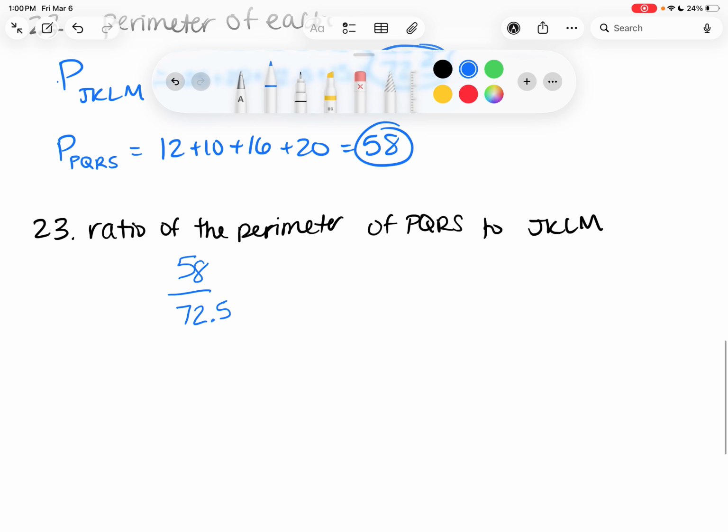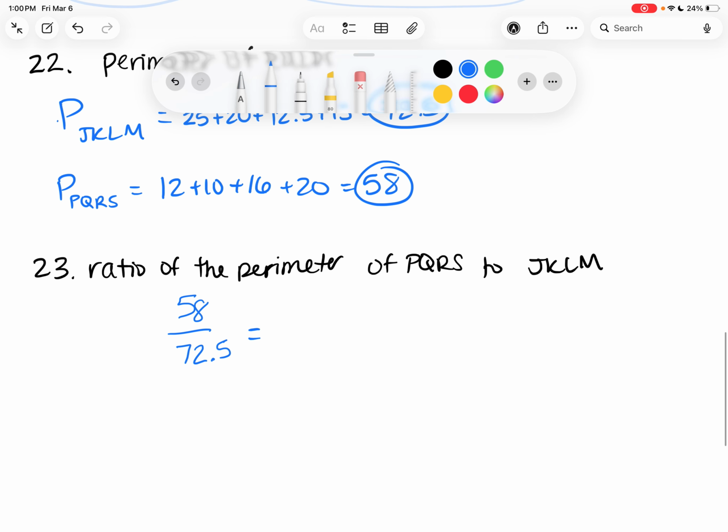Okay, so this would reduce to 4 over 5. And obviously that's not necessarily a way that we would normally reduce it, but if we were to divide them both by the same thing, then we would get to that. It actually ends up being, if I remember correctly, like 14.5 that you're technically dividing by to get that.